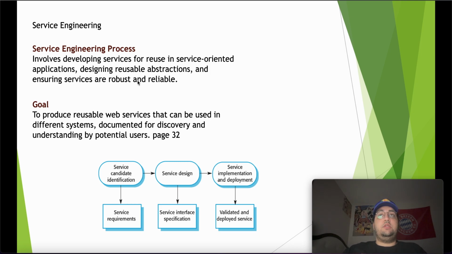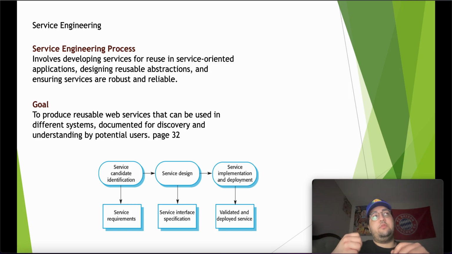Service engineering is a systematic process, basically an approach to designing, developing, and deploying web services. The service engineering process starts with requirements analysis. What do I need? What do the customers need?